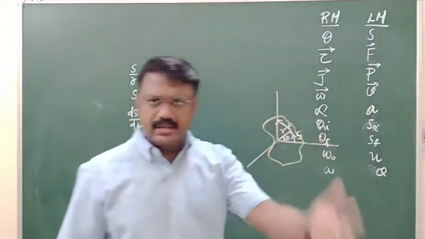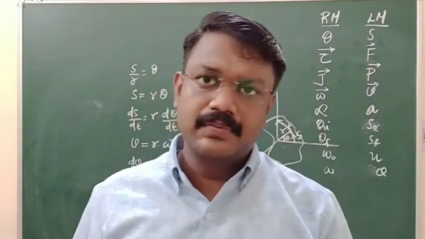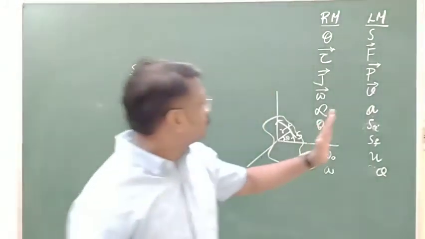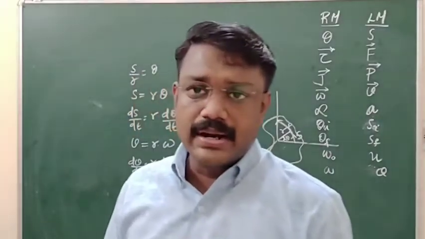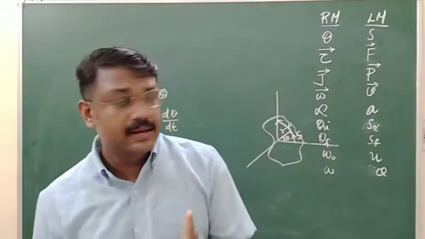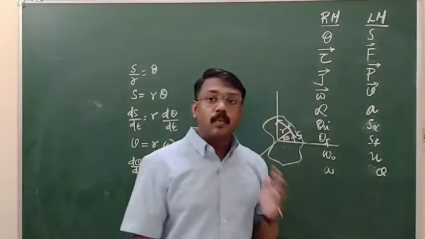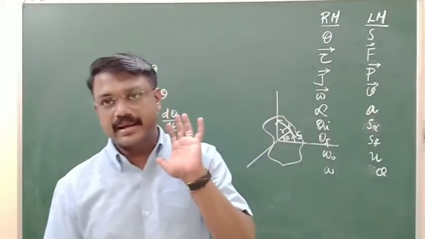By logic you can easily find out the relation between the linear motion and the rotational motion. As I already told you, to get any physical quantity in rotational motion, you just take the moment of that physical quantity in linear motion.